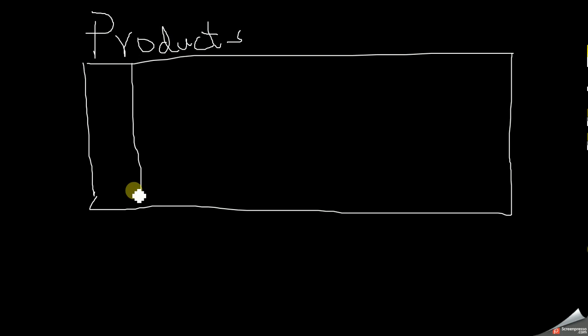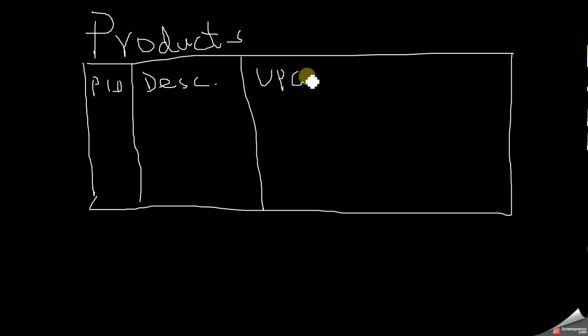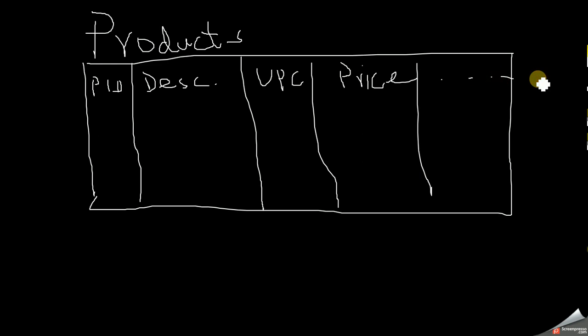So here in this table we have product ID. Let's say we have product description. Let's say we have universal product code, UPC. Let's say we have price. Okay, and so on and so forth, right?